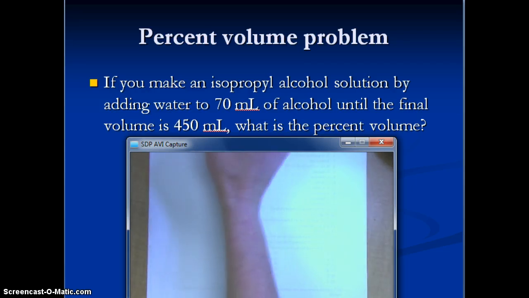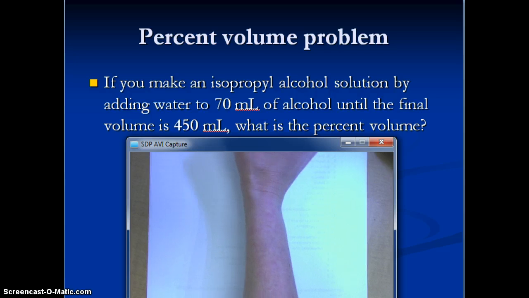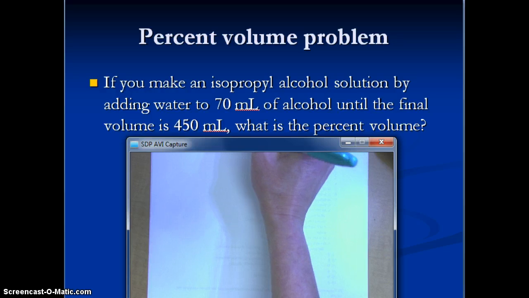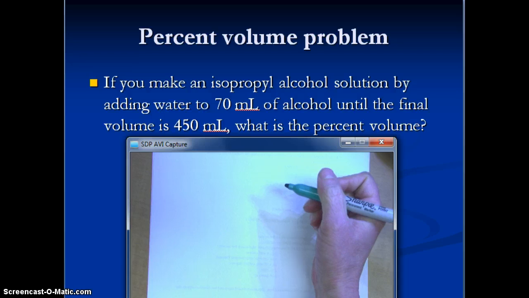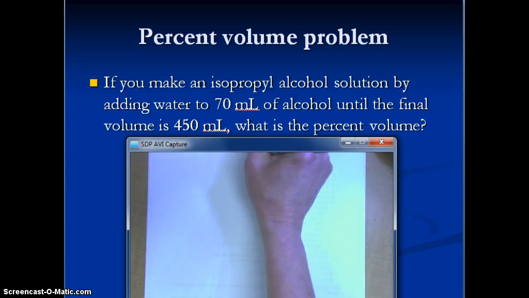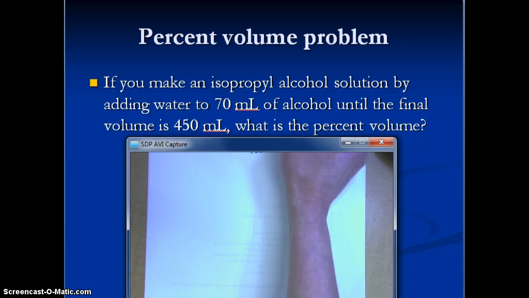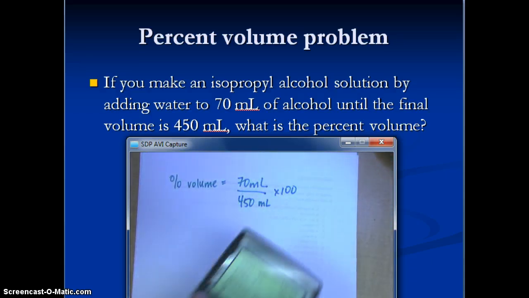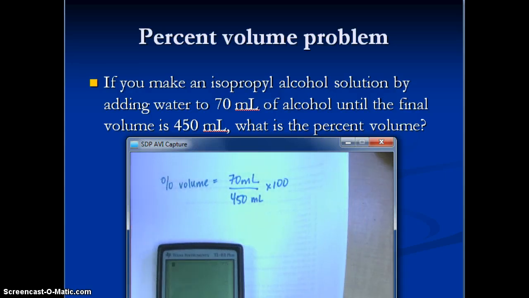So percent volume is the volume of the solute, so that's 70 milliliters, divided by the volume of the solution, times 100. So I guess you can't really see that. It's helpful to see it. So that's 70 divided by 450 times 100.